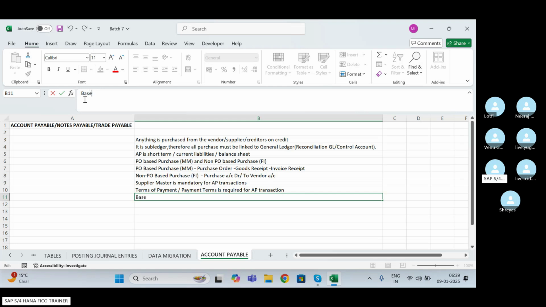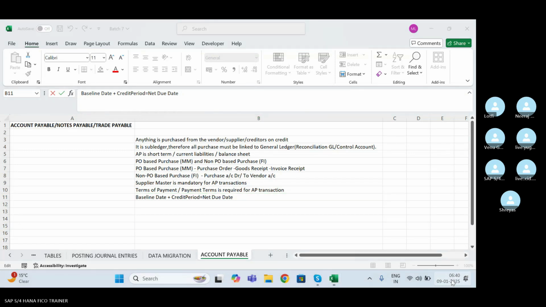Baseline date plus credit period, for how many days credit is given, is equal to your net due date. Net due date is calculated in this formula.